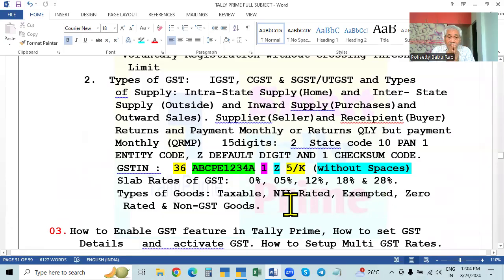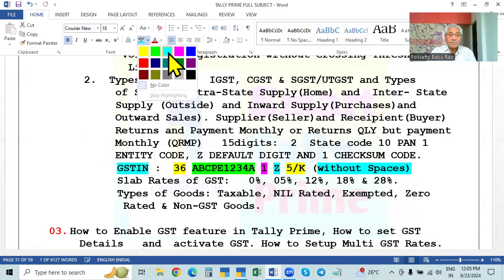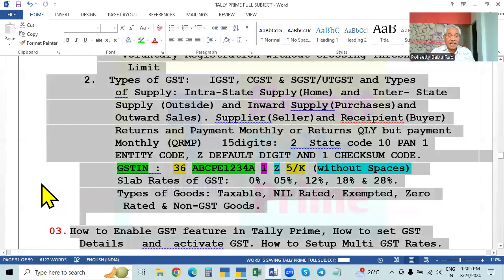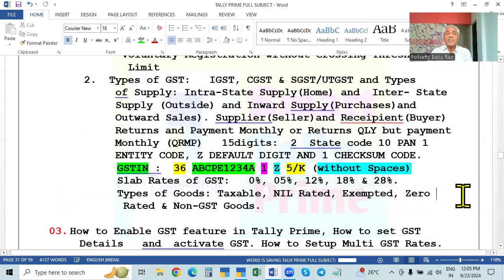So the GST registration number is called GSTIN. GSTIN means Goods and Services Tax Identification Number. Simply, it is called the GST number.